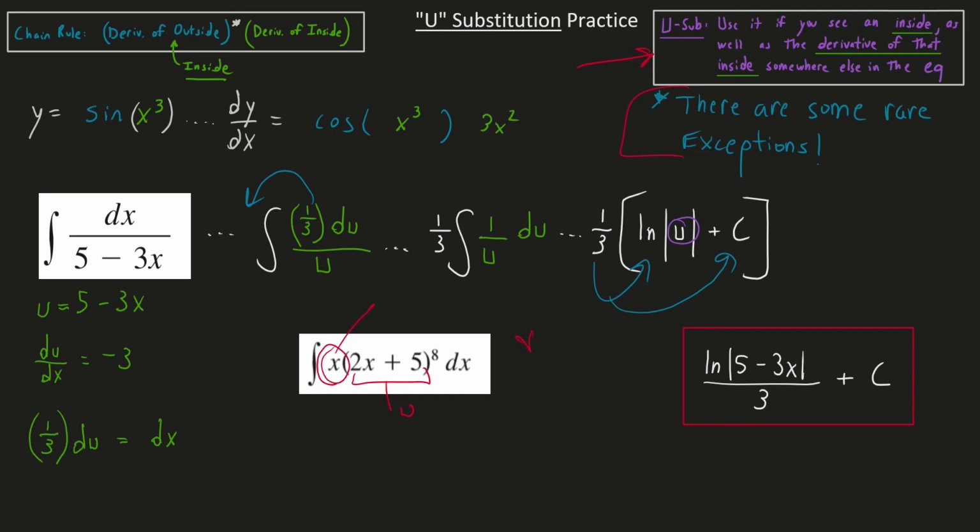So for these rare exceptions, you end up having to use your u choice twice. Once, you'll have to put it right in here. But you actually have to use it again to get that other x out. You would take this equation, solve for x, get x by itself, and then put it in there. So these are those weird exceptions, and they are quite rare, but they are out there.